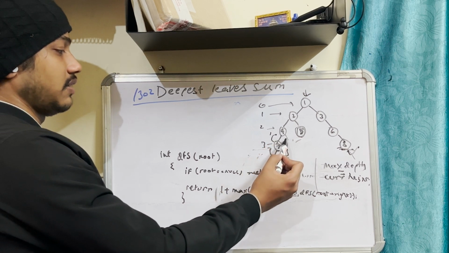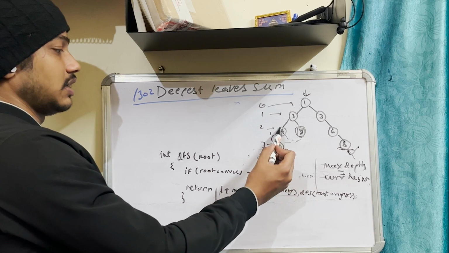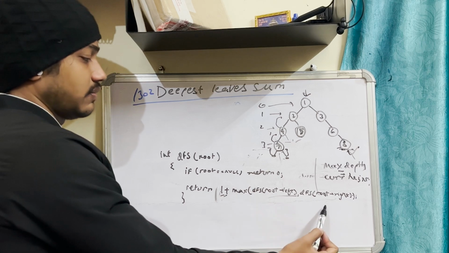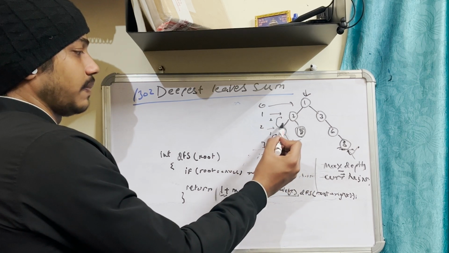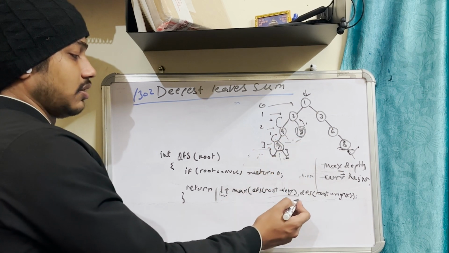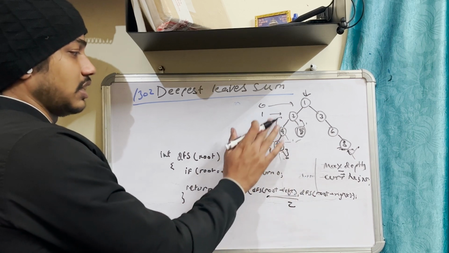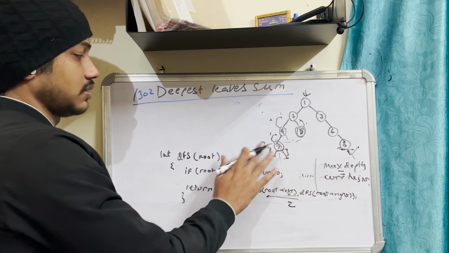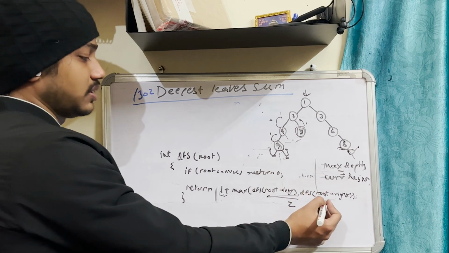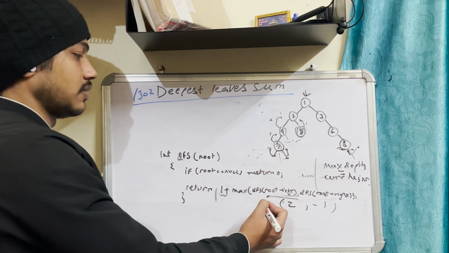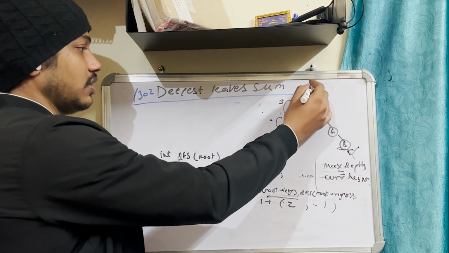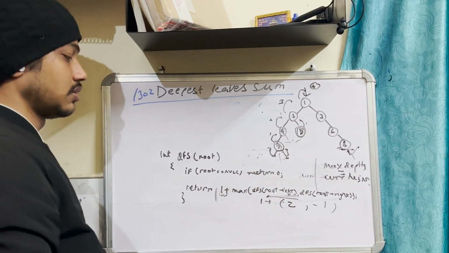Similarly it will return the maximum value from the left and right; you will return 1 plus the maximum value you have received. Then you will return 2. On the left you are getting 2, and the right depth is 1. So choosing the maximum from these and adding 1, it will return 3 to its parent, and it will return 4. Simply, you know the maximum depth using this code.